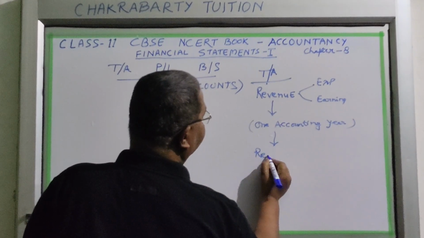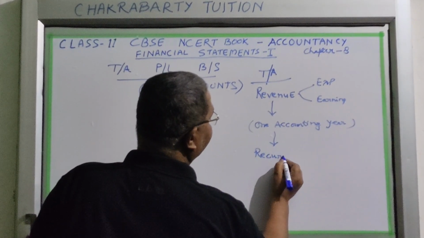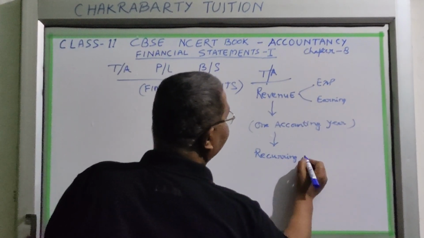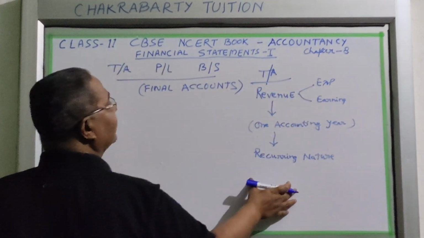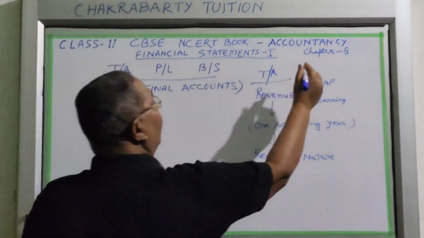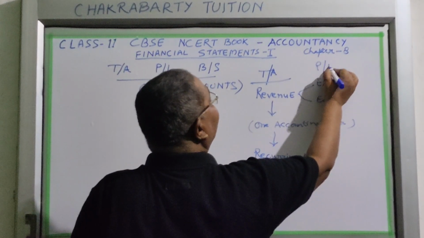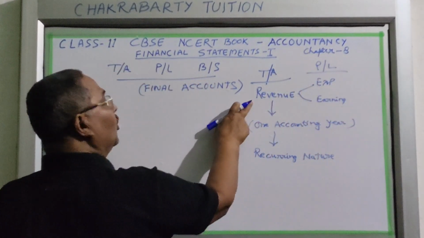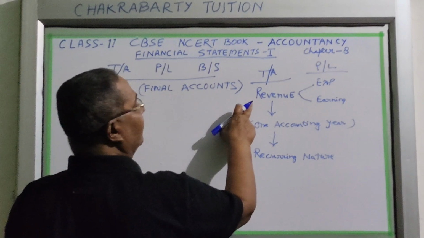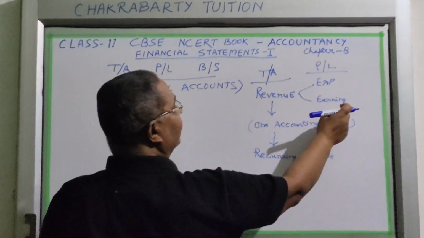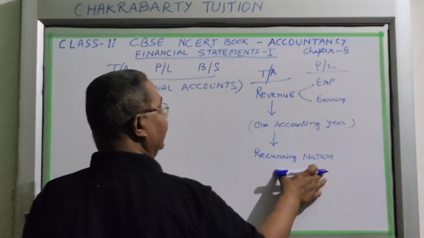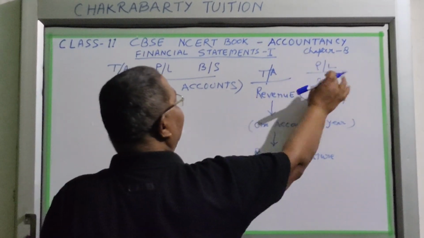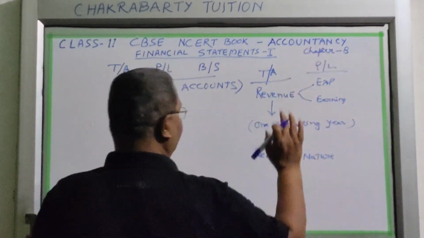Recurring nature means every year you have to do it. This is the trading account and the PL account. The PL account also covers only revenue nature of transactions, revenue expenditure and revenue earnings, for one accounting year, and they are of recurring nature. This applies to both the trading account and the PL account.